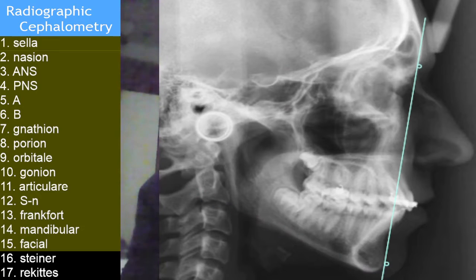Let's go to the next line. It is called the facial line. The line joining nasion and pogonion.